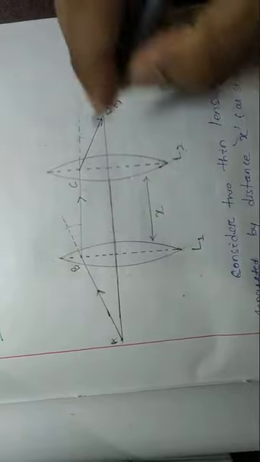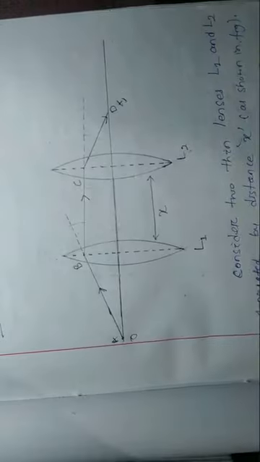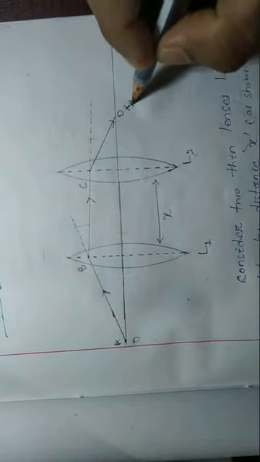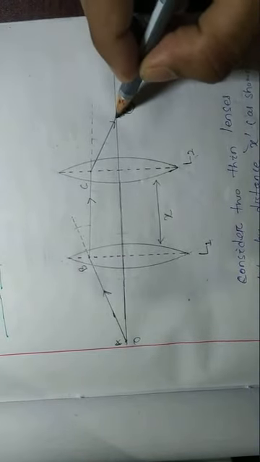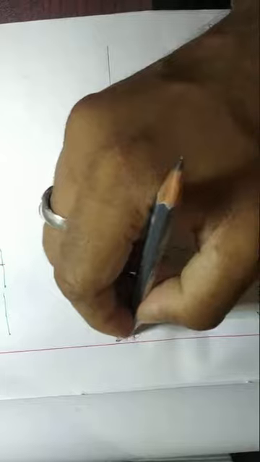What is the meaning of this? If the image of the object O situated at A is formed at point D, how did we get it?